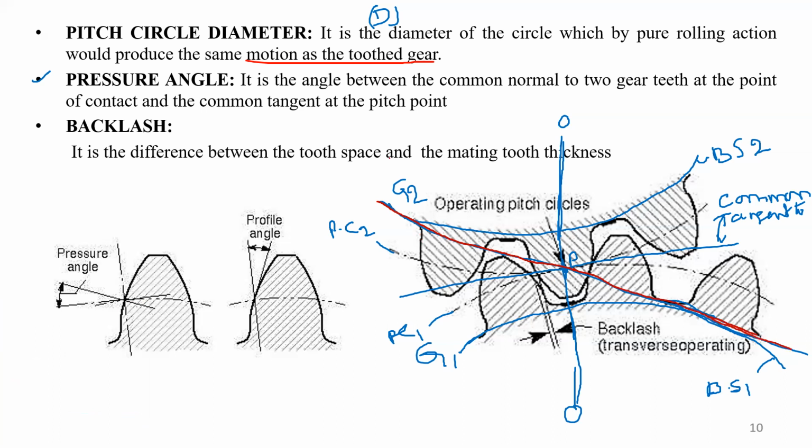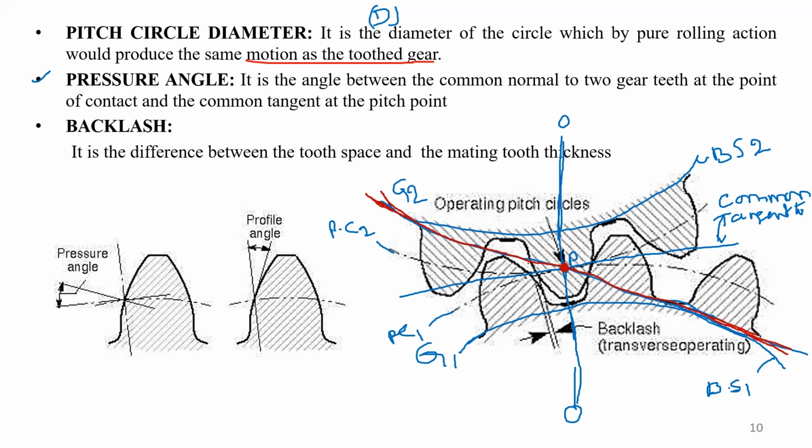This line must pass through the pitch point, and it should be tangent to the base circles of both gears.